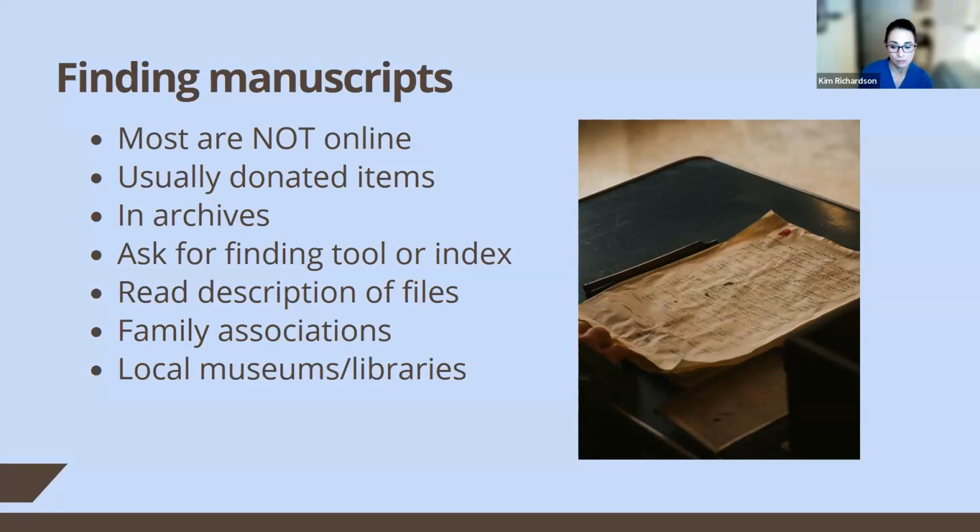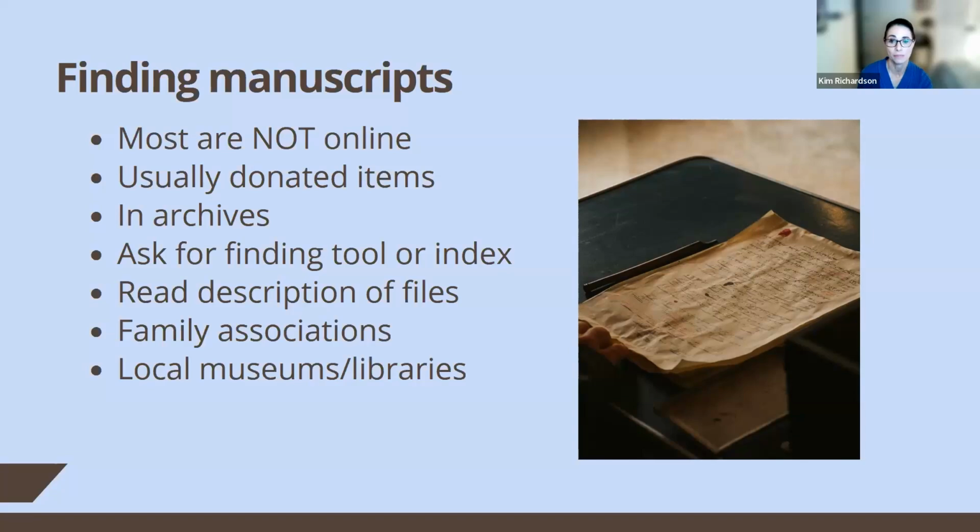But a lot of those journals and manuscripts were donated to archives and libraries and museums. They should have a finding tool or an index for their manuscript collection. And so ask for that. Each place does it a little bit differently, and a lot of times I'll just ask for help.